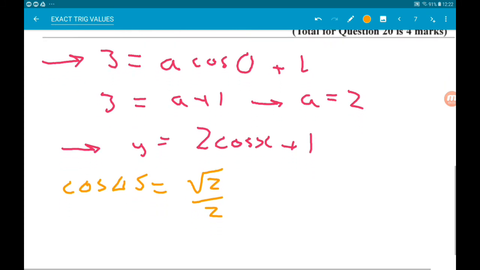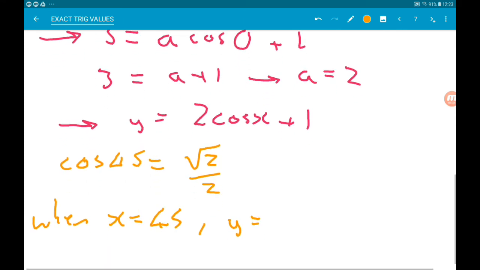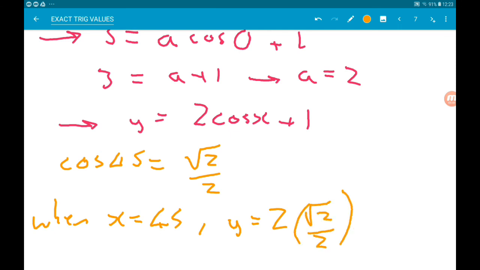So when x is 45, y is 2 times root 2 over 2, add 1.